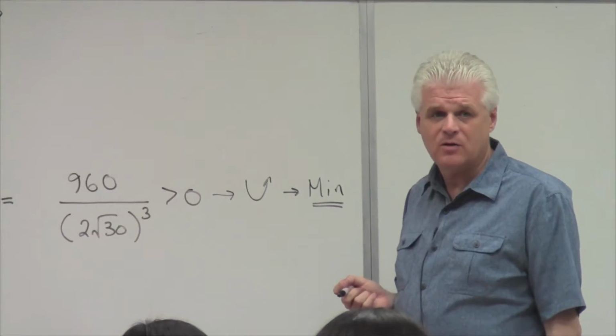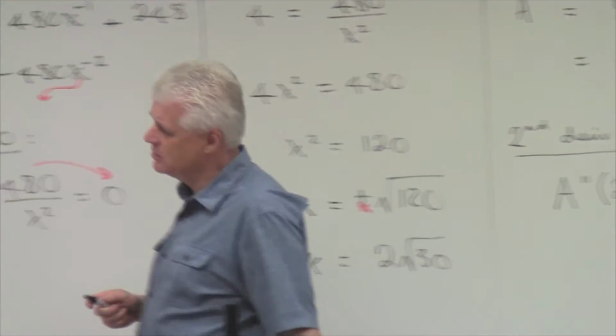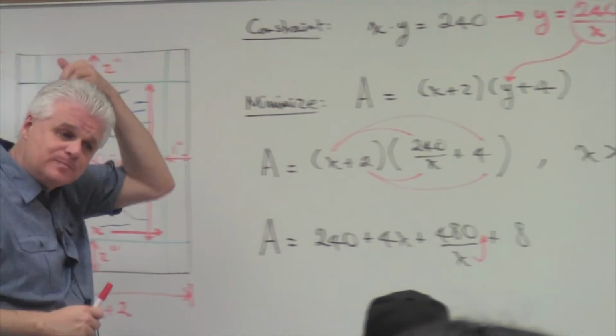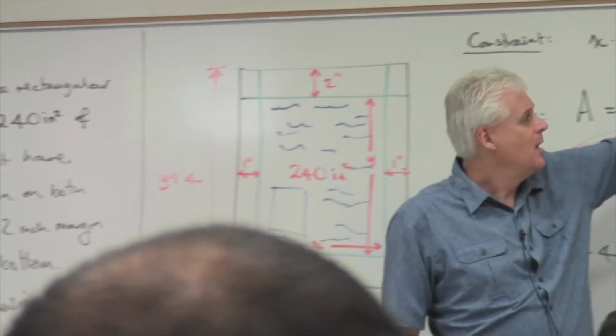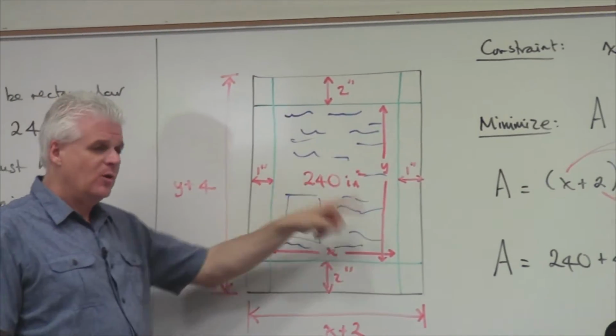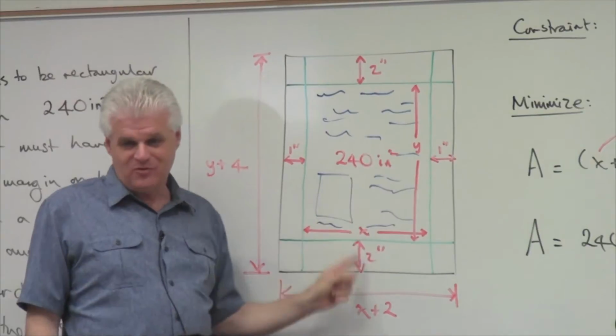Any questions so far? So that's it. We pretty much solved the problem. We do need to do a little bit of finishing here. We need to know what y is, which you can get from right here. And not quite the end, because remember, x and y weren't the question. It didn't say what are the dimensions of the printed area, which is what we've just found.